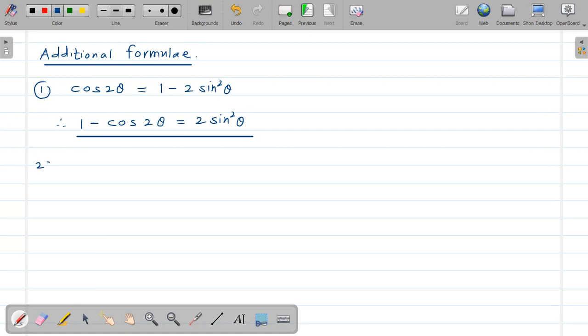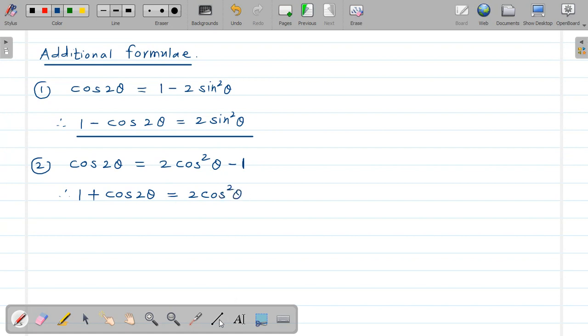Second one, we also know that cos 2 theta is equal to 2 cos square theta minus 1. Now again if we rearrange this, we get 1 plus cos 2 theta is equal to 2 cos square theta.